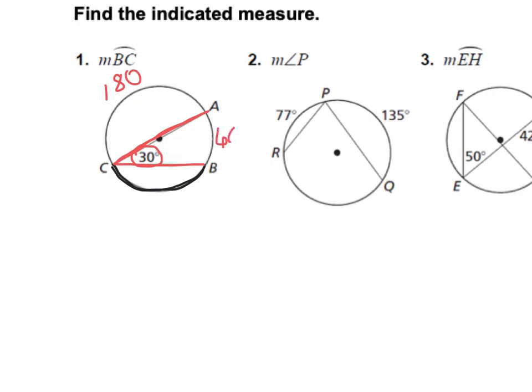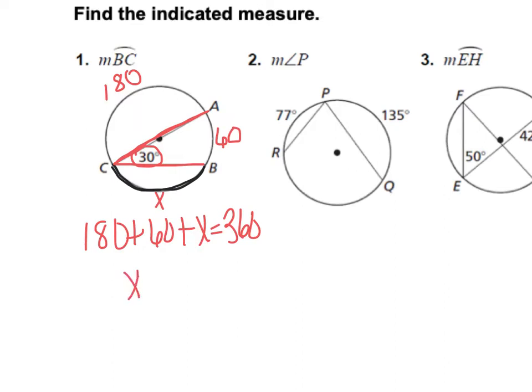So I know that this is 60 degrees. And all the way around my circle is 360 degrees. So 180 plus 60 plus x, as we'll call that, has to equal 360 degrees. If we combine our like terms and subtract from both sides, we get that x equals 120 degrees.